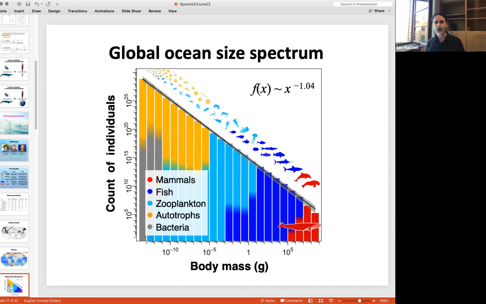On one hand, this is potentially the largest scale pattern in nature. And yet on the other, up until late last year, there wasn't a single entry of the size spectrum on Wikipedia or any of its aliases: biomass spectrum, normalized abundance spectrum, Sheldon spectrum, not even referenced on another page.